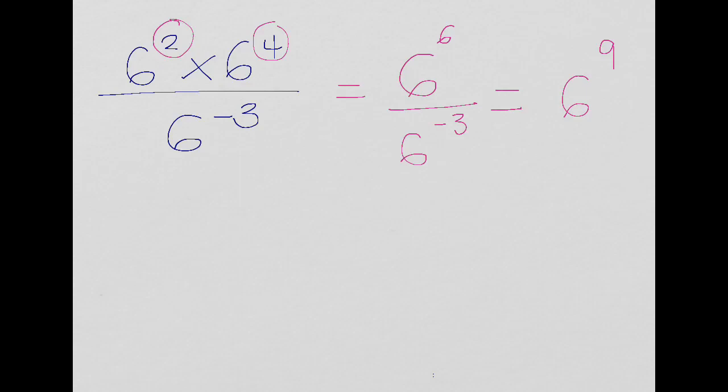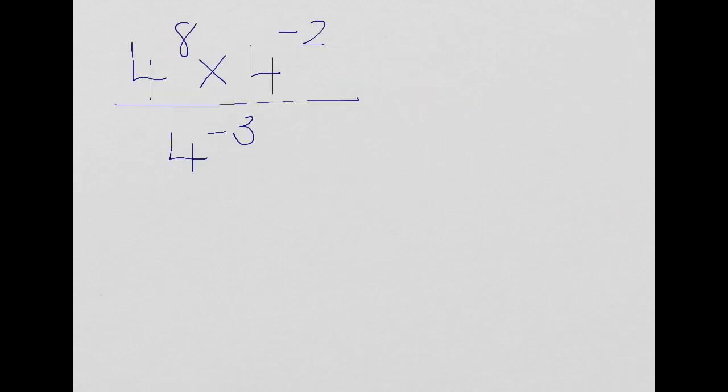So let's do one last example. So here we're going to do again, it's best to do this top part first, and as they're multiplying. So we've got the same bases and they're multiplying, so we add the indices. So here's my indices and I'm adding them. Now here it's 8 add negative 2. Now when you add a number, you usually go up the number line.